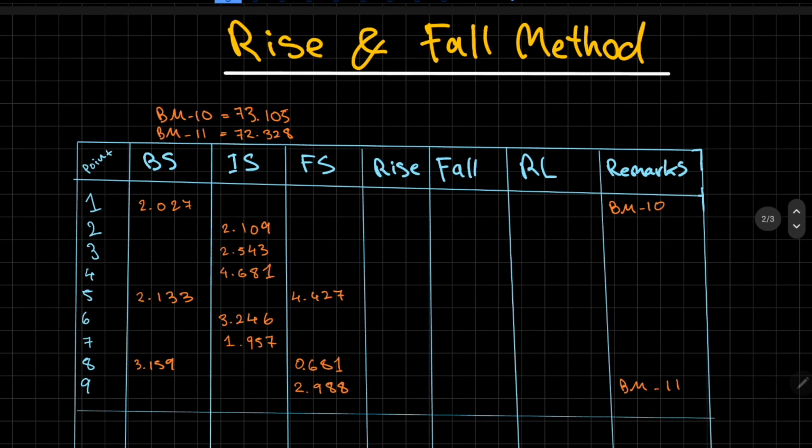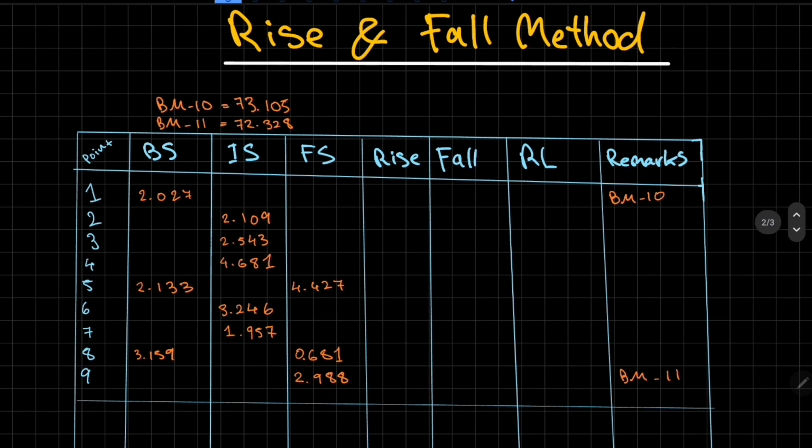Okay, so the first example is the rise and fall method. In the orange, we have all data that was collected in the field. They collect this data using an automatic level. So we have first benchmarks 10 and benchmarks 11 reduced level given.